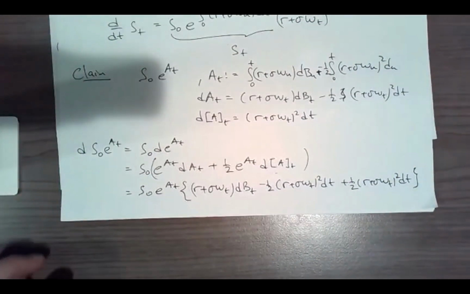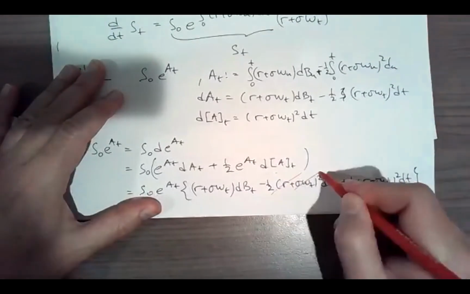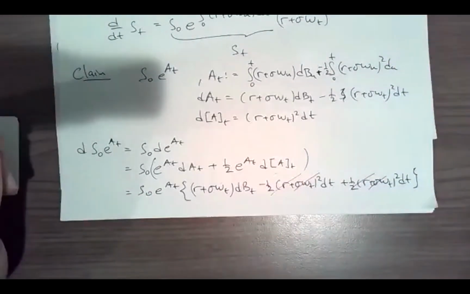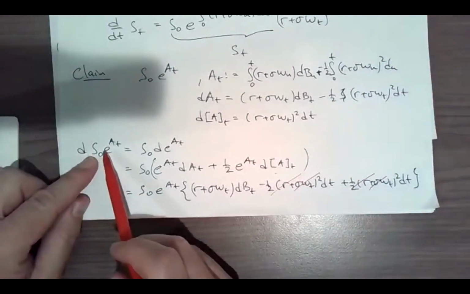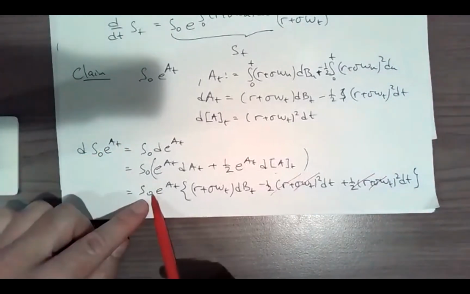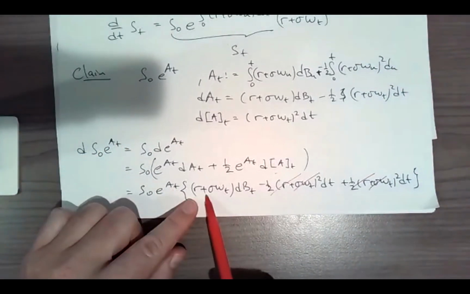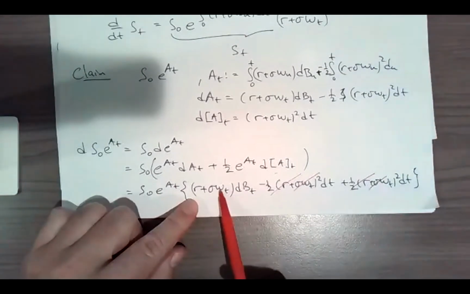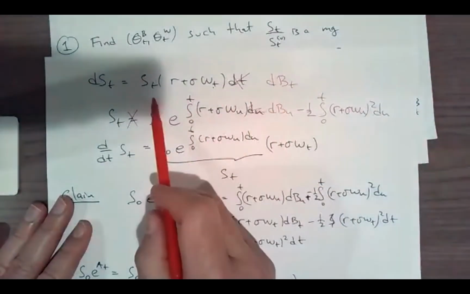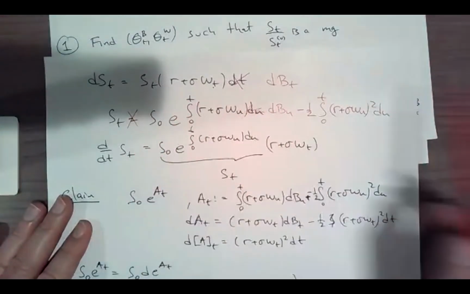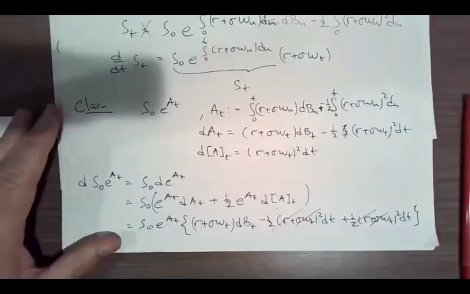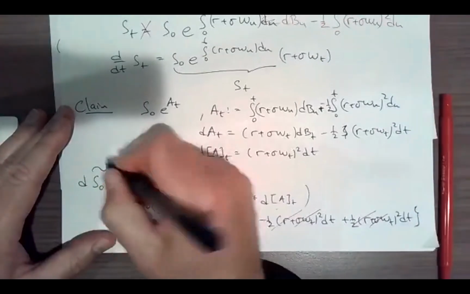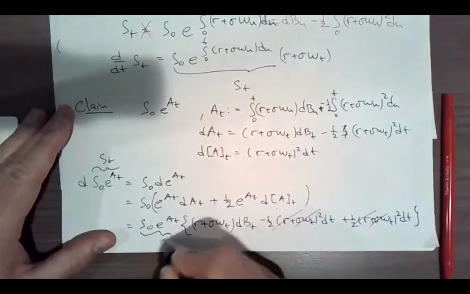So the miracle happens. This term and that term cancel. And you get exactly that the dynamics of this thing is equal to the same thing times R sigma WdB. And that was what you wanted up here. So this here is USt, this here is USt.